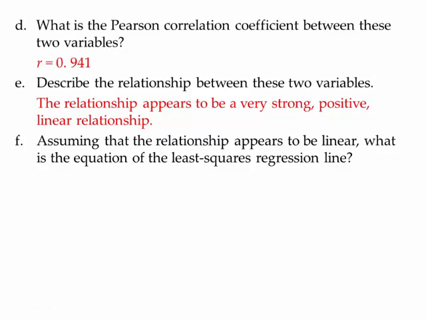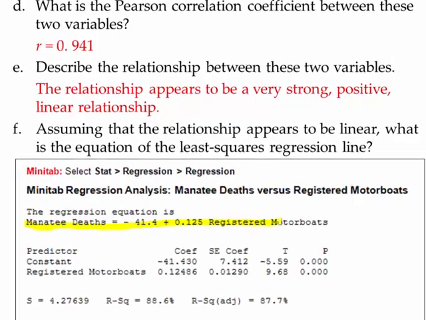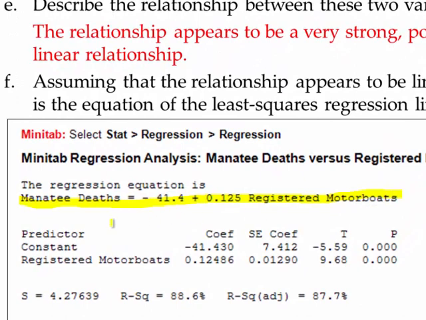Part F. Assuming that the relationship appears to be linear, what is the equation of the least squares regression line? In the previous video, we computed this line. So we see that it's manatee deaths equals negative 41.4 plus 0.125 times the number of boats.